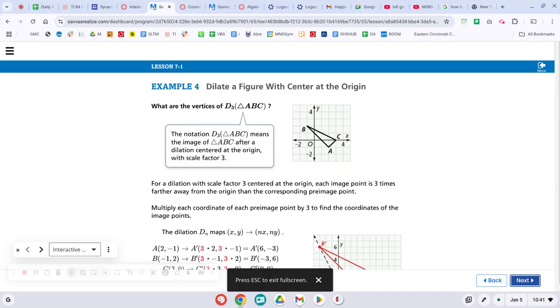Okay, now look, now we're on the coordinate plane. You see that? So now to dilate from the origin, all you have to do is take the coordinates and multiply by a dilation. So this says, what are the vertices of dilating this triangle by a factor of 3?